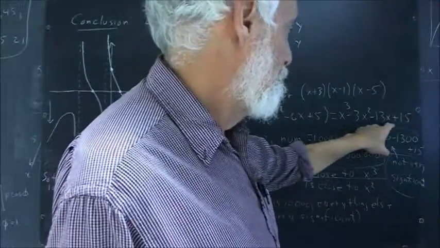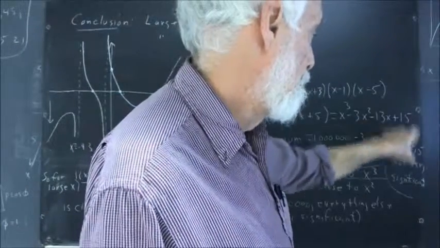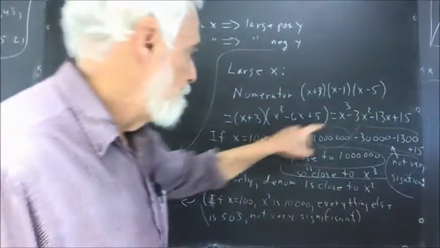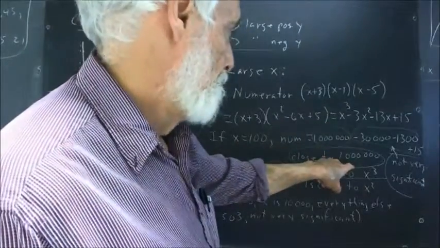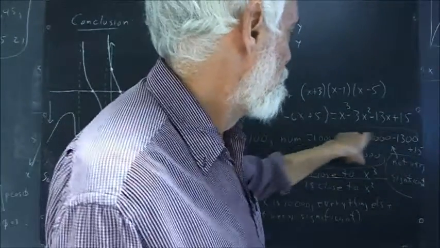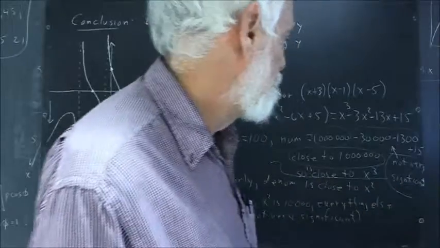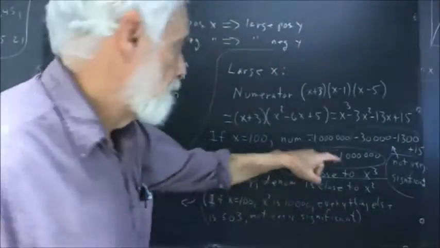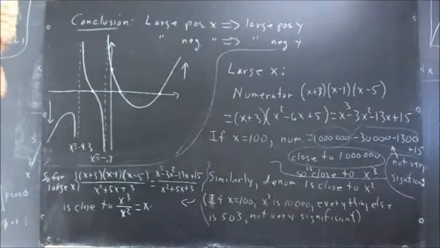And then 100 here gives us negative 1,300. 15 gives us 15. Okay, this numerator is close to 1,000,000 because all this stuff over here is not very significant in comparison to the million. So we've got a numerator close to 1,000,000.